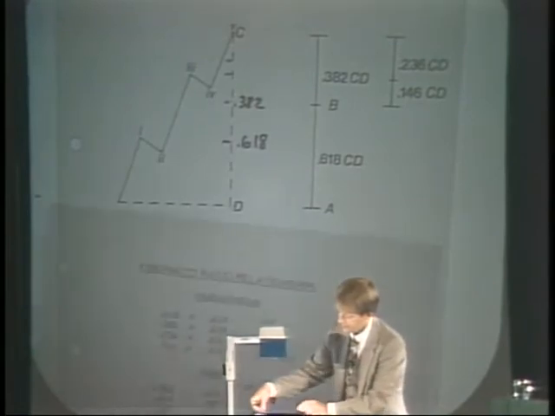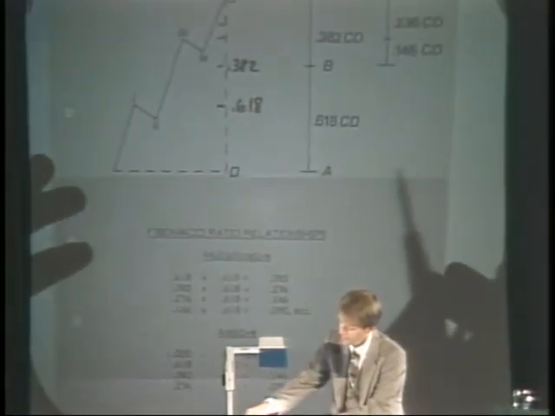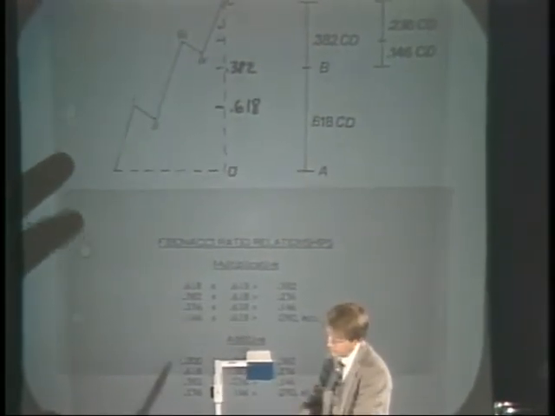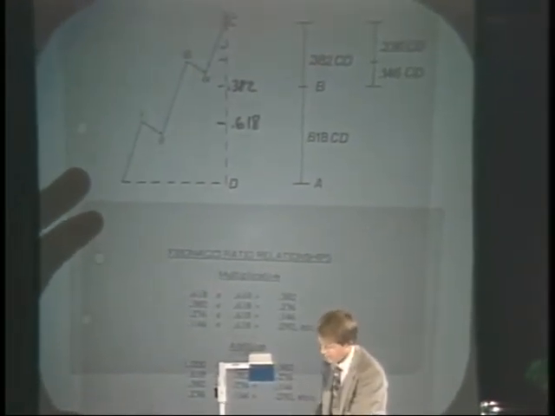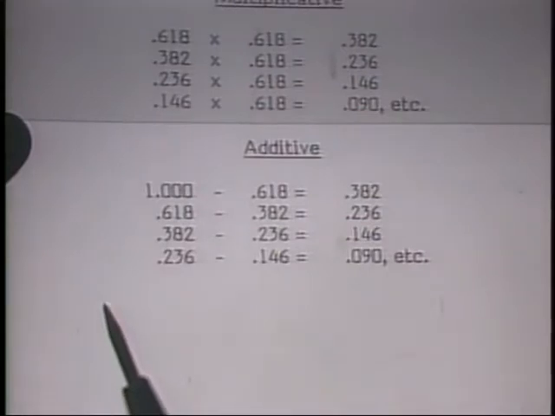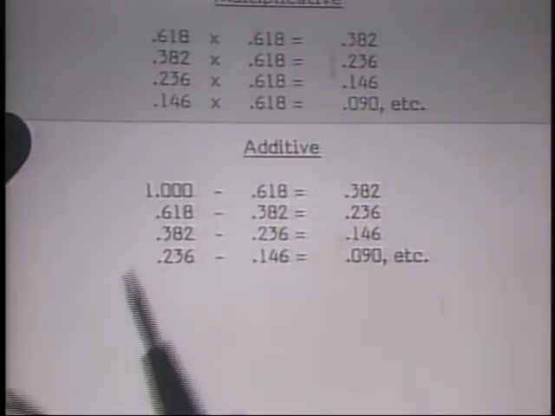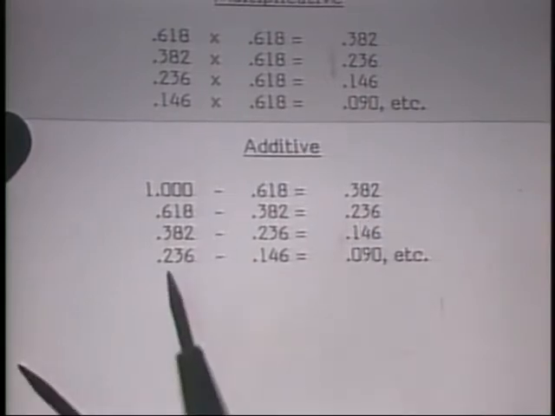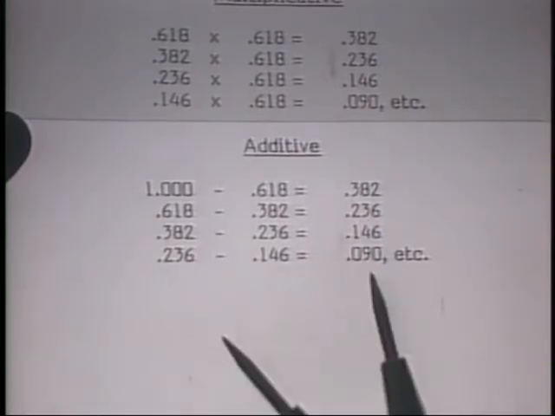Now, the upper chart is more important right now. What did we just look at? Additionally, 0.618 minus 0.382 is 0.236, and 0.236 minus 0.146 is 0.090.